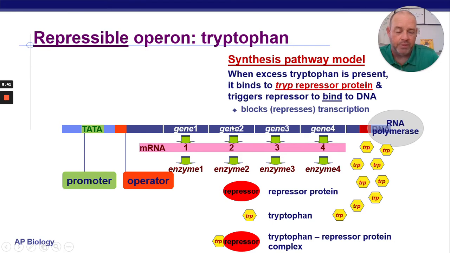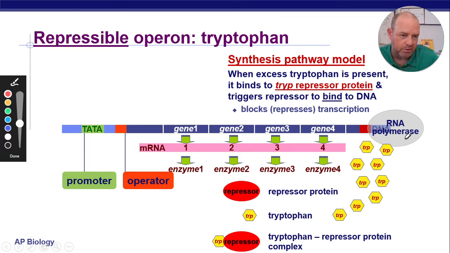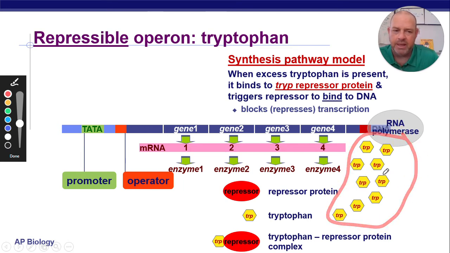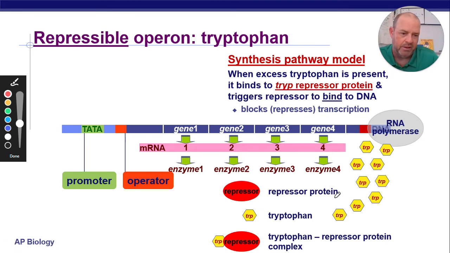to the DNA. So what that means, if I try to break that down for you, is you're making a ton of tryptophan now, right? All these tryptophans are being made. The polymerase is going by, the mRNA is being made, we're making lots of tryptophan. But when we make a whole lot of tryptophan, if we make too much, now the tryptophan is going to start running into the repressor a whole lot more because there's more of it.